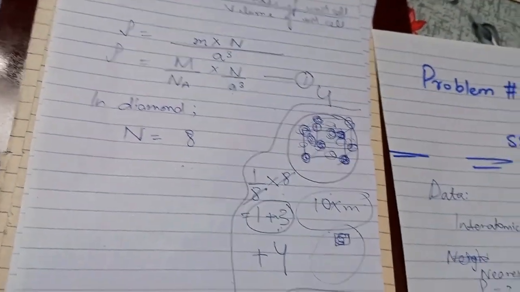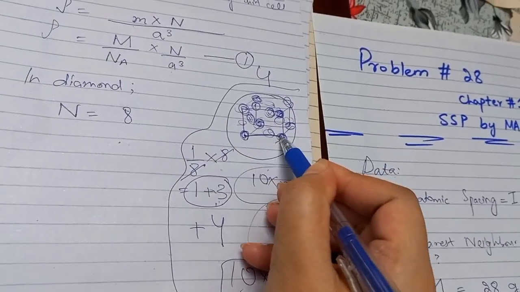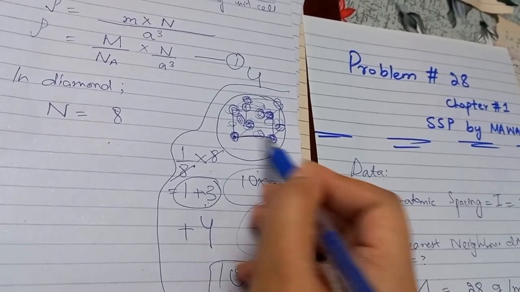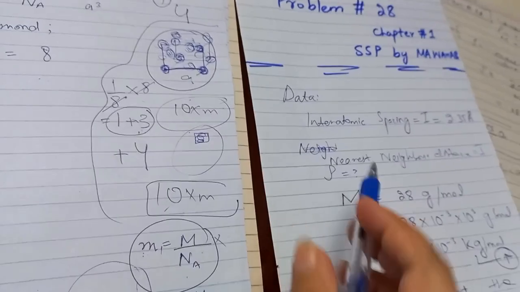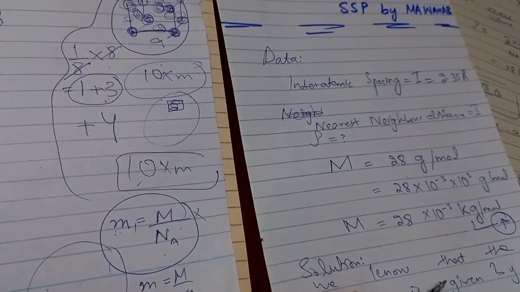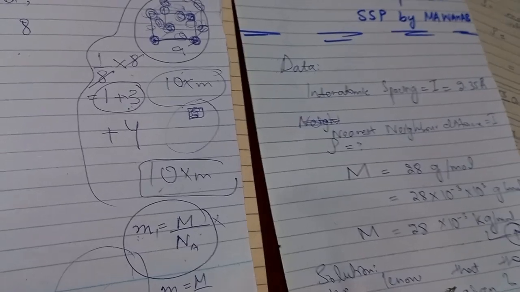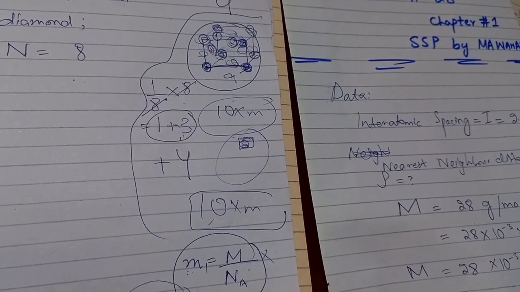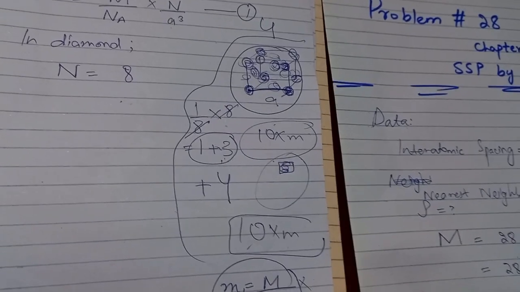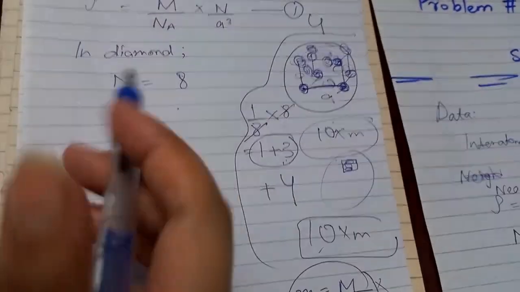A is the lattice parameter, which is the side length from one corner to the other corner of the unit cell along the axis direction. These are the lengths A. And what we are given is the interatomic spacing or nearest neighbor distance, which means the distance of a silicon atom from its nearest neighbor.